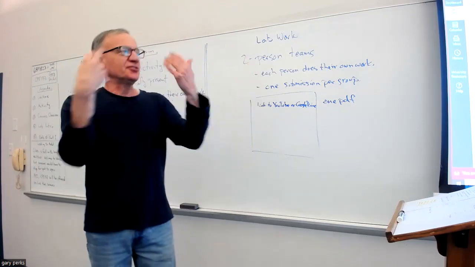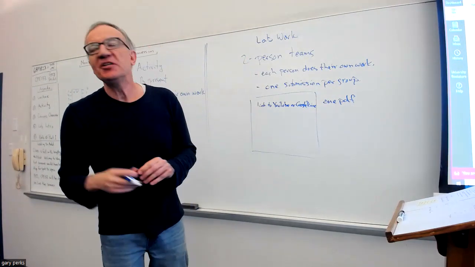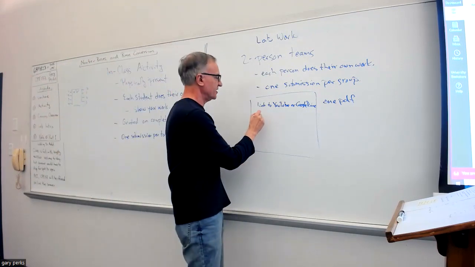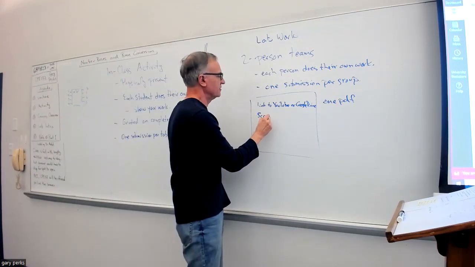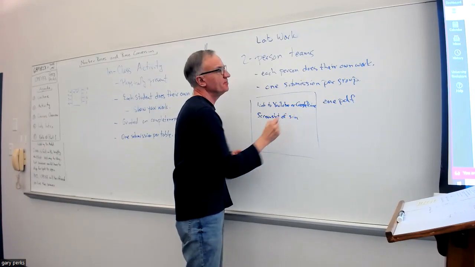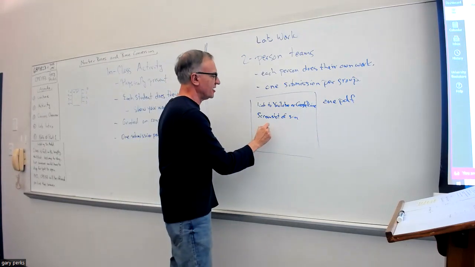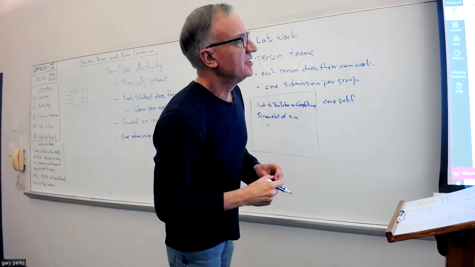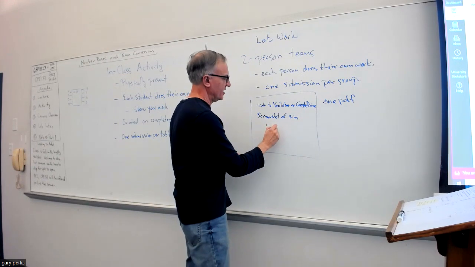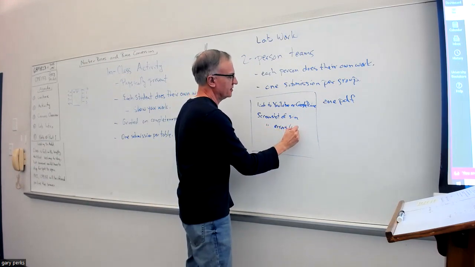Now, you'll learn exactly what that means as we go along, but that would be a screenshot of the successful sim. Then also, you want a screenshot of any errors/warnings.